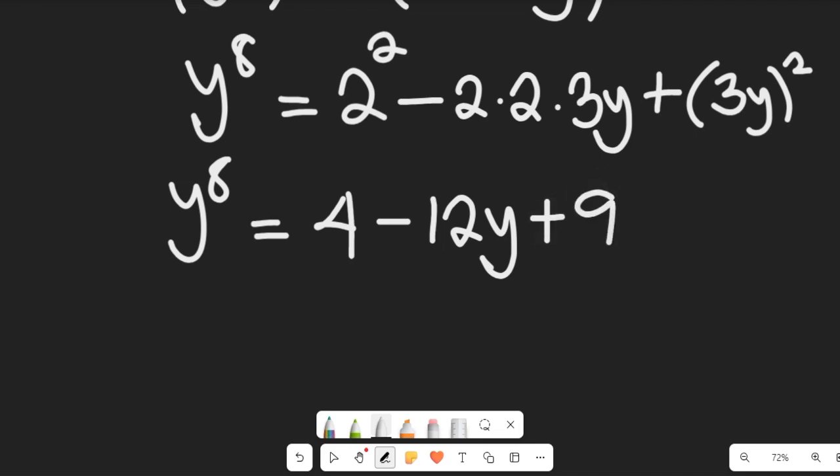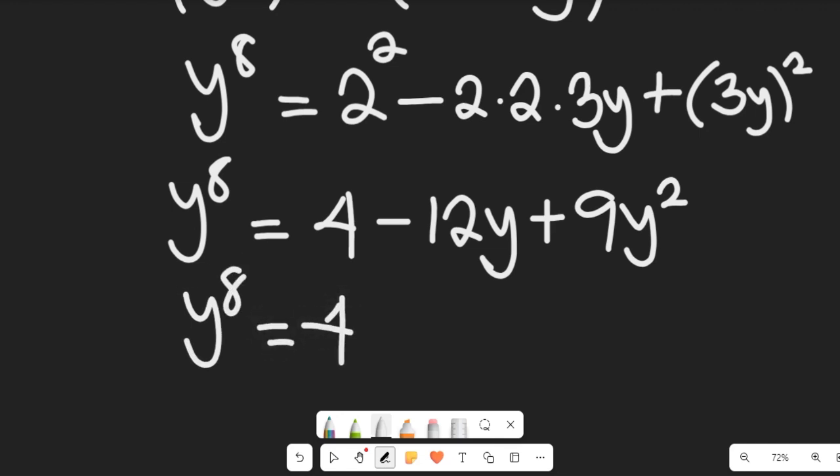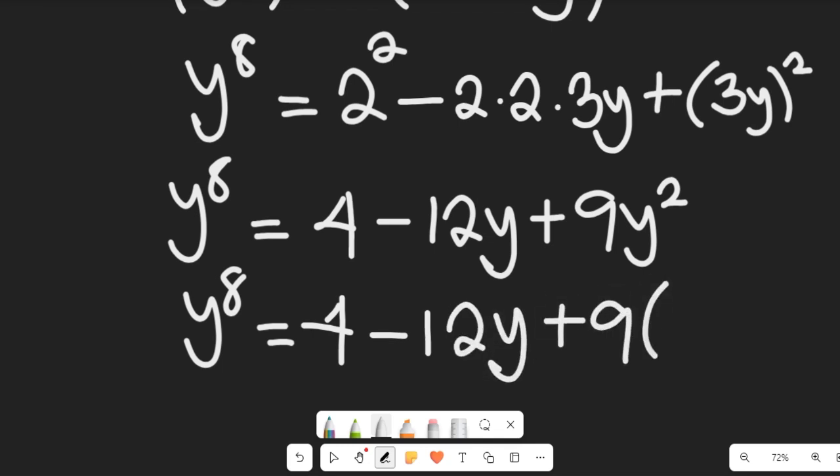plus 9y squared. Great. So we have 9y squared. If we simplify this further, remember the value of y squared. We have y to the power of 8 equal to 4 minus 12y plus 9 multiplied by 1 minus y.